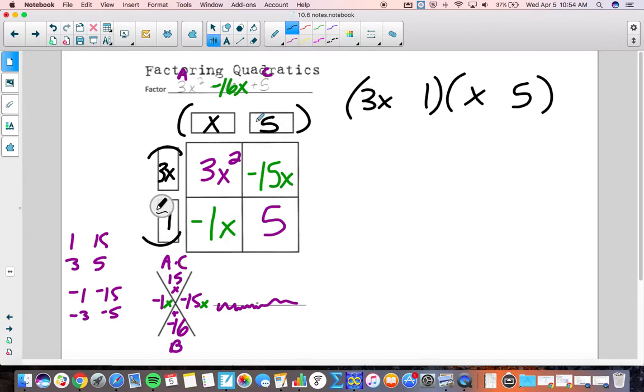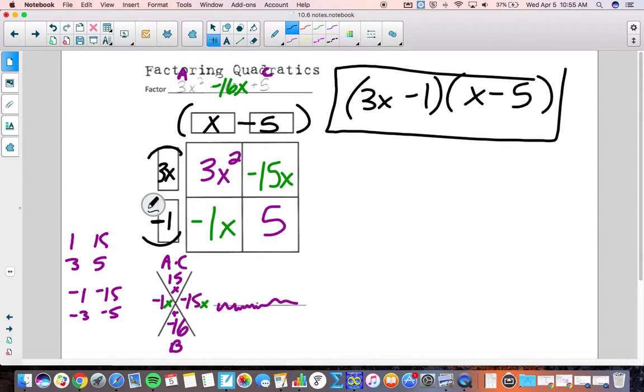These need to be negatives in here to get a negative 15x. When I took 3x times negative 5, I get negative 15x. And this needs to be a negative 1. Negative 1 times x is negative 1x. But still, when we multiply the negative 1 and the negative 5 together, we get a positive 5 right here. Put the negative sign right there. That looks better. So this is our solution.